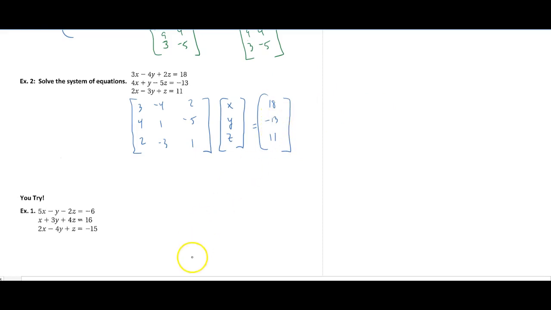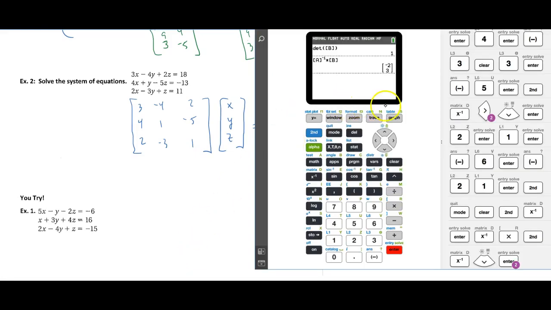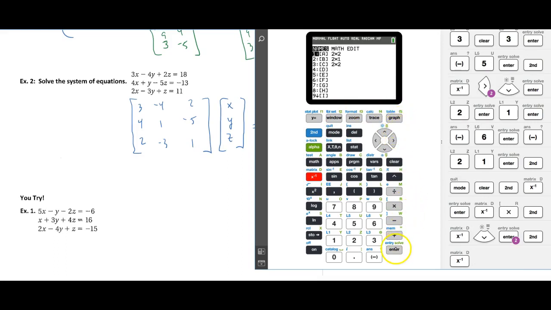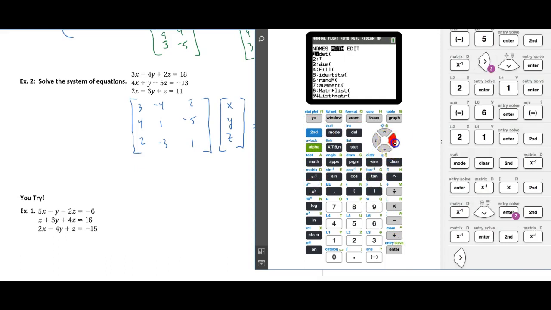And right away, when I go to solve this, the first thing I'm going to do is enter the matrix. Second matrix, edit. But now that's a 3 by 3 matrix.